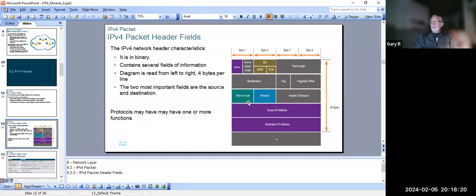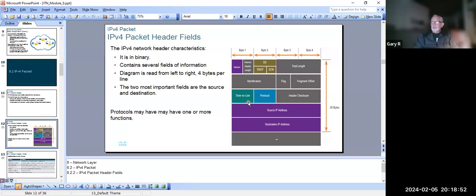Each operating system, when it sends an IP packet out, has a default time to live value that it uses. It's not really important which value it uses. Some of them are like 128, and the other one might be 64. It doesn't really matter because usually it will never really come into play. But here's what happens along the way.